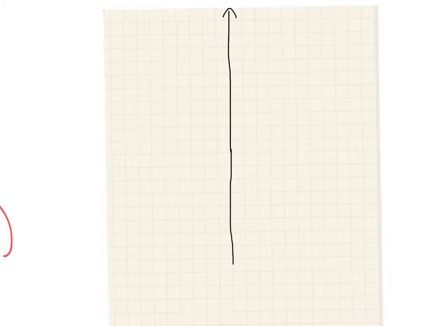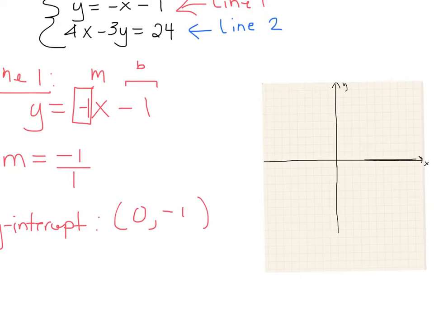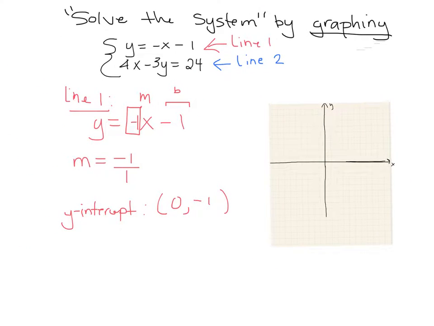Pretend I use my ID card, any straight edge. There's your y-axis and there's your x-axis. So how do we graph this line? From last class, you talked about the slope-intercept form. So we plot this point first.